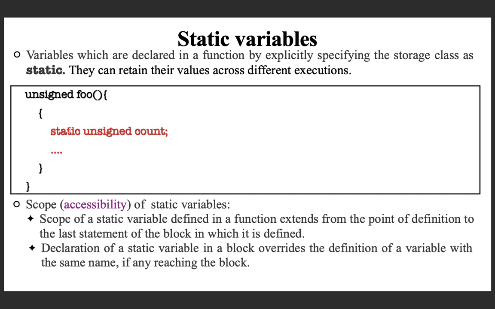Or it could be even a global variable with count, then this will be the variable which is active or accessible to this portion of your program. So this is not a new point, exactly what we learned about automatic variables. So these two are the same as that of automatic variables.